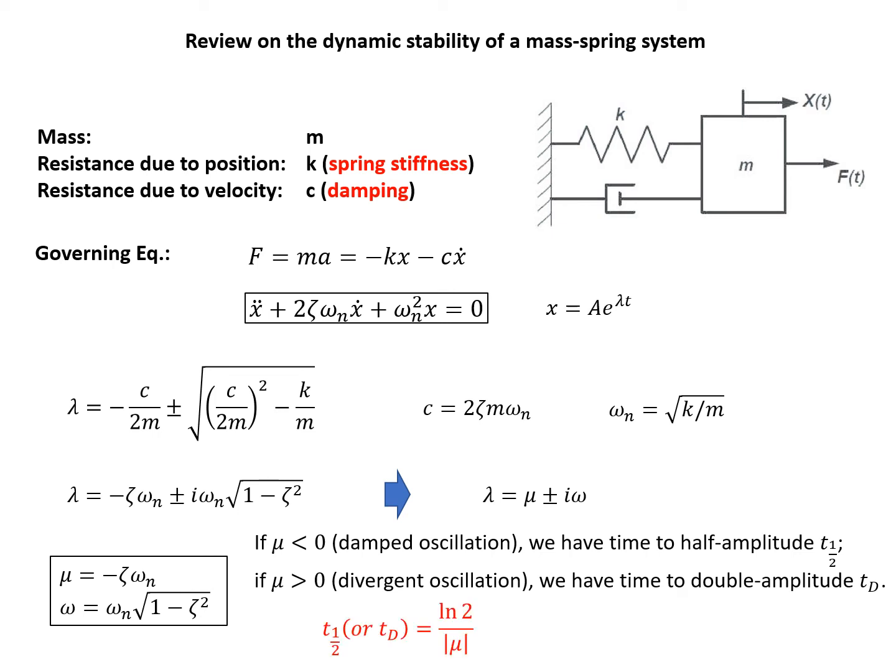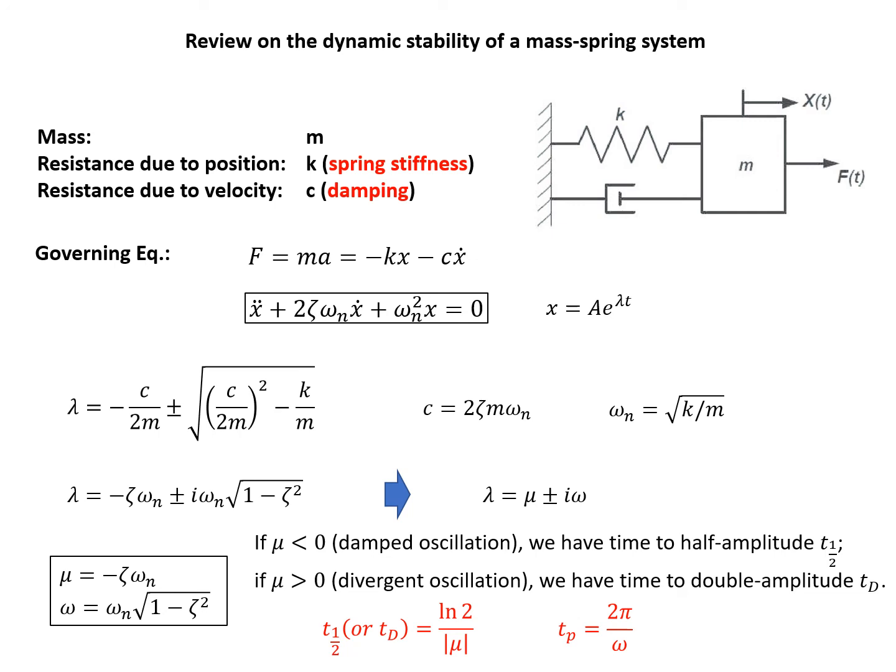Anyway, either t half or t double equals natural log of 2 divided by the absolute value of mu. Either it's positive or negative, the denominator is positive. And then the period equals 2 pi divided by the frequency.